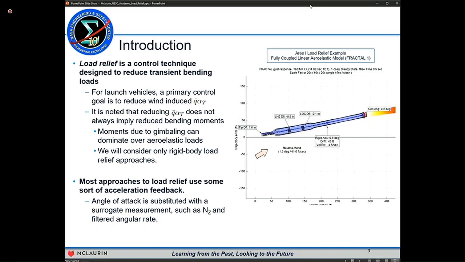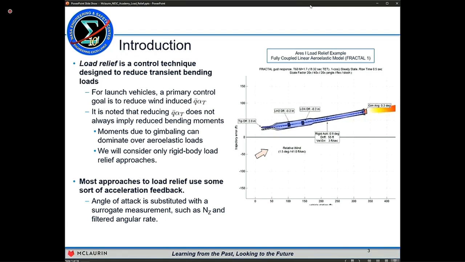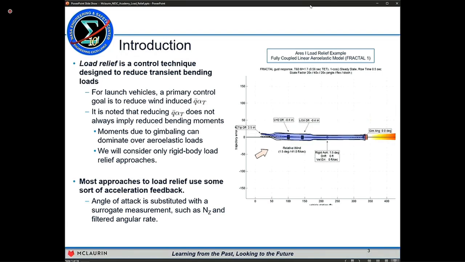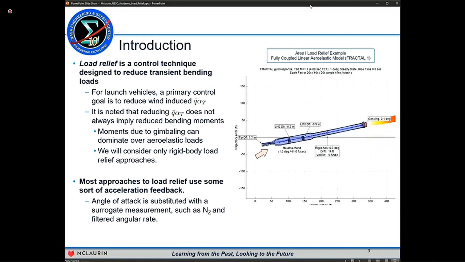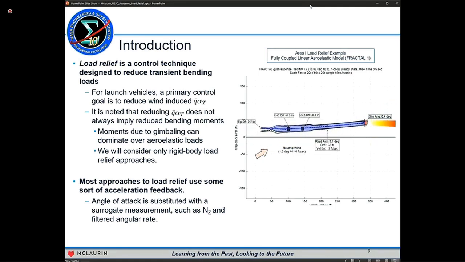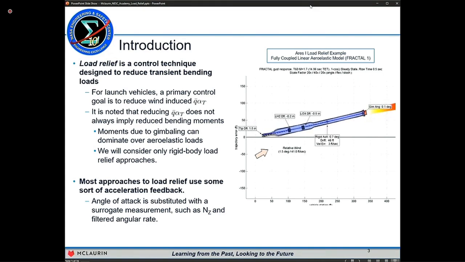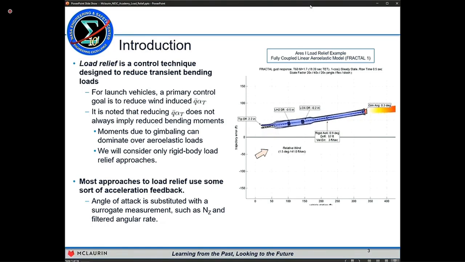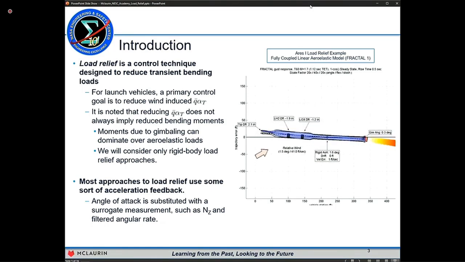In very high fidelity production simulations, we will assess bending loads. An example of that type of simulation is shown on the right here for Ares 1, and I'll get into the details of that animation momentarily. But in essence, from a flight control design perspective, the objective of a load relief algorithm is usually to reduce the product of dynamic pressure and the total angle of attack.